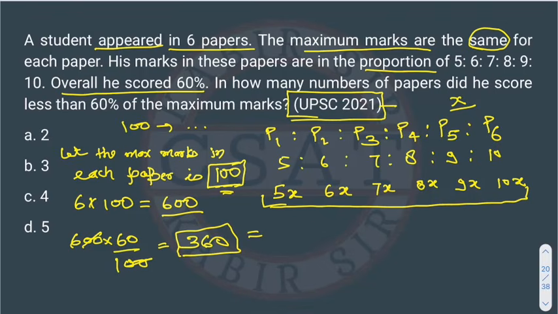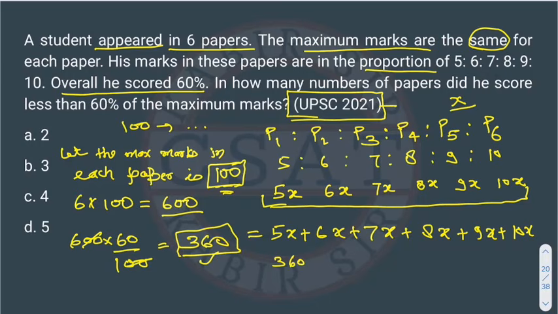Because we know that he got 60% marks, so we calculated it, that is 360, and we also know in each paper how much marks he is getting. So what we can do, we can add these marks also, right, plus 10x. So 360 will be equal to 45x, right?